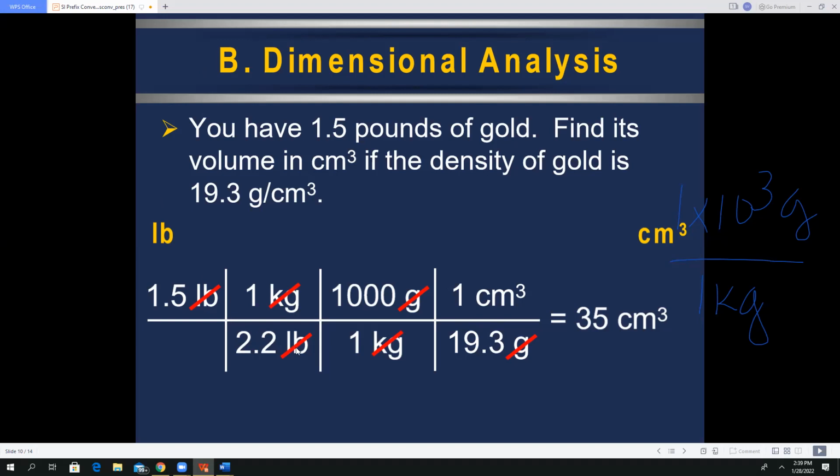Then, of course, where you're coming from needs to be on the bottom. Then where you're going to, coming from, going to, coming from, going to. So wherever you're going to, it may take several steps, but every time that you're going somewhere, it needs to be on top. So if you're going from pounds to kilograms, the kilograms need to be on top.